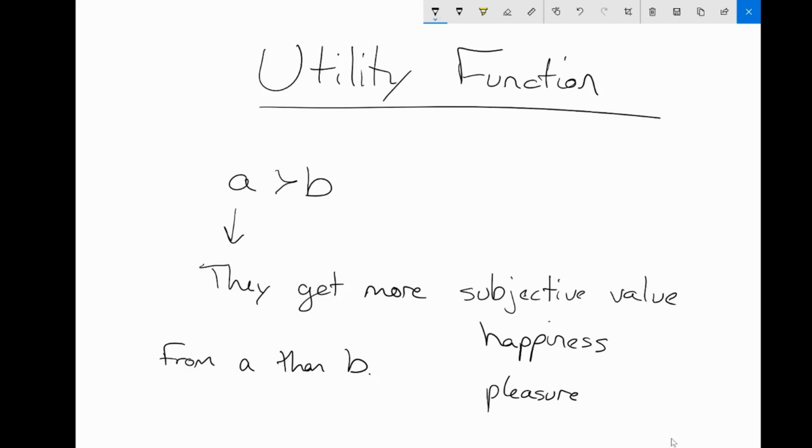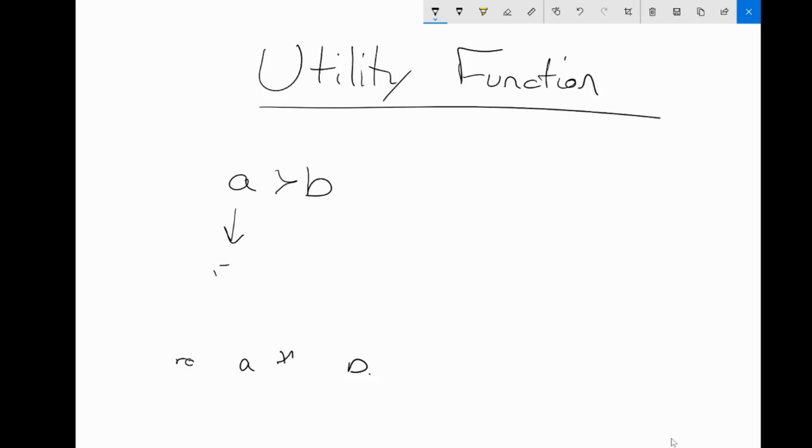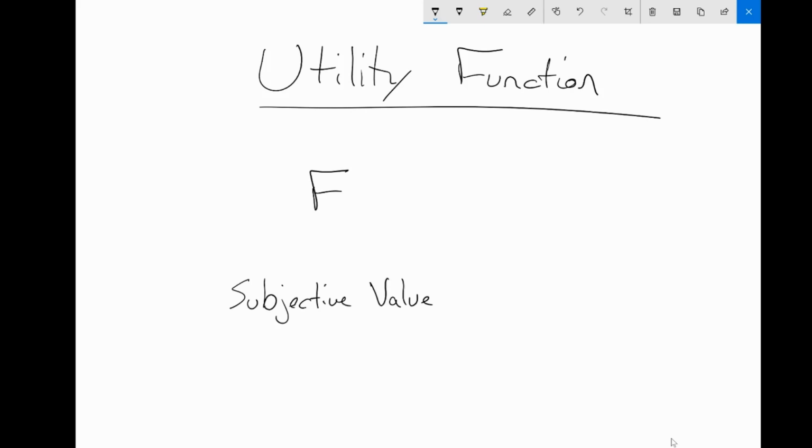So what we want is a function that will communicate that. We want to create a function that will translate goods and actions into utility, into subjective value. Before, when I said subjective value, I meant just how much people value something or how much happiness they get from it.